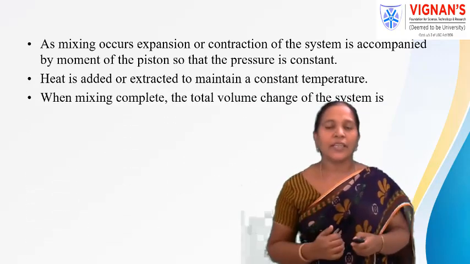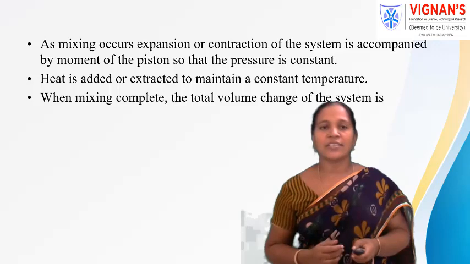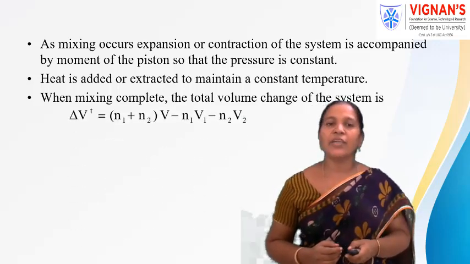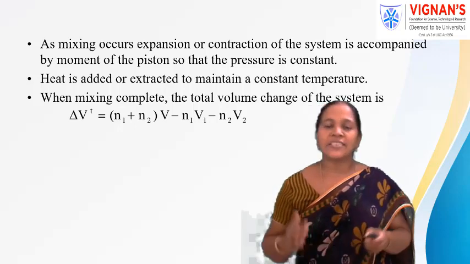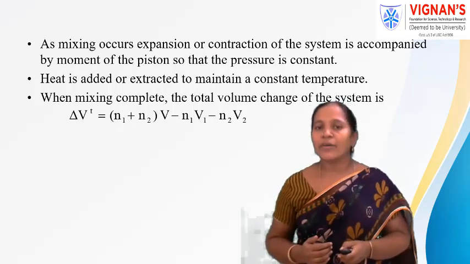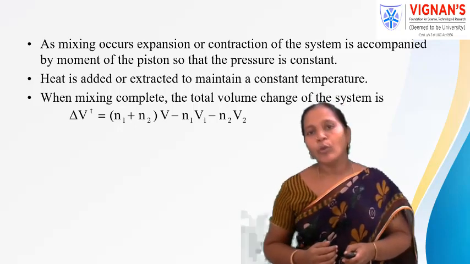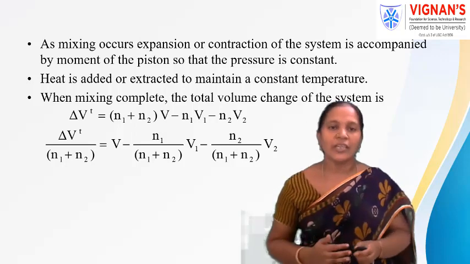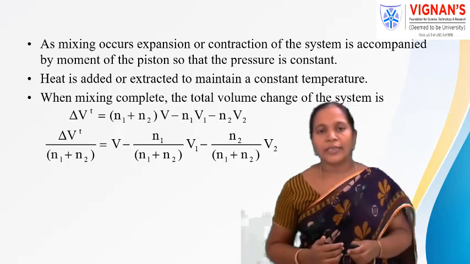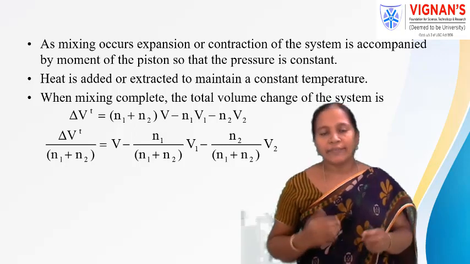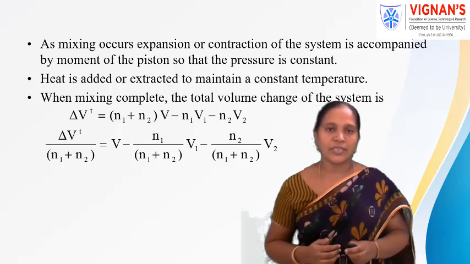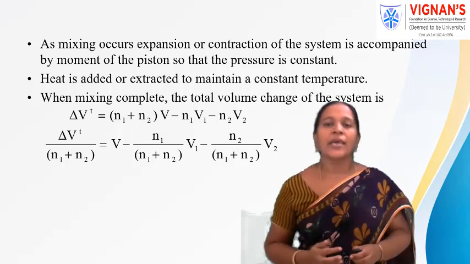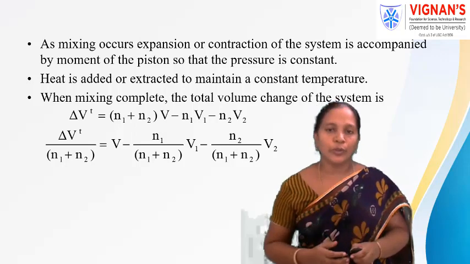When mixing is complete, the total volume change of the system is delta Vt equals (N1 plus N2) V minus N1 V1 minus N2 V2. Divide by N1 plus N2: delta V total divided by (N1 plus N2) equals V minus N1/(N1 plus N2) times V1 minus N2/(N1 plus N2) times V2.